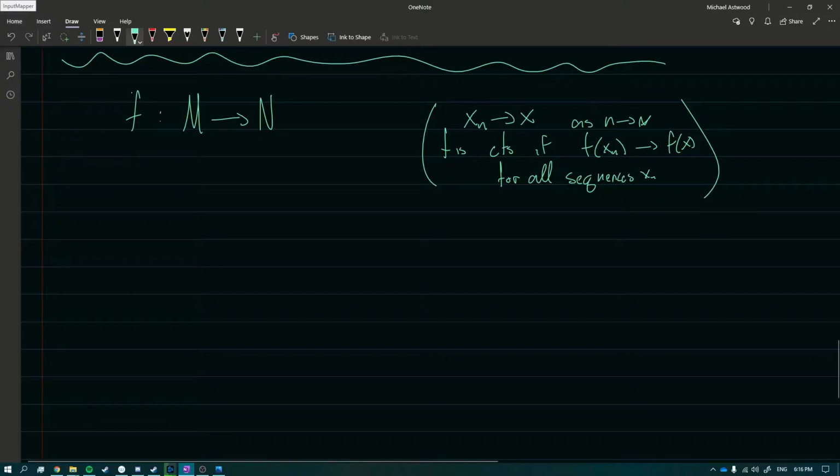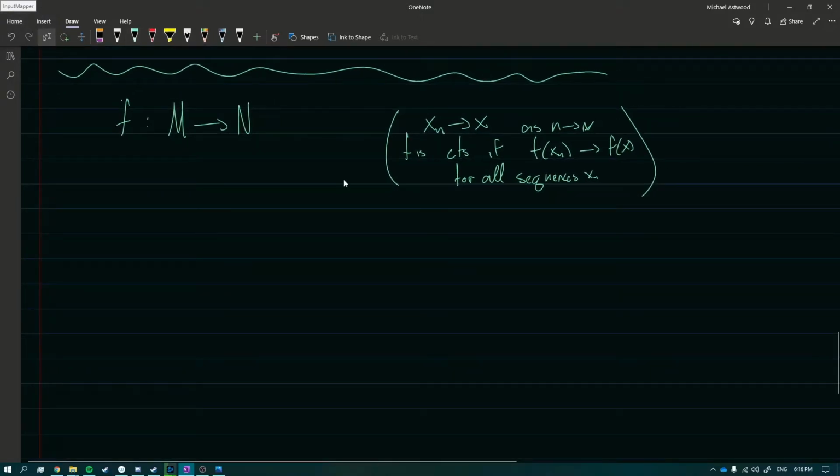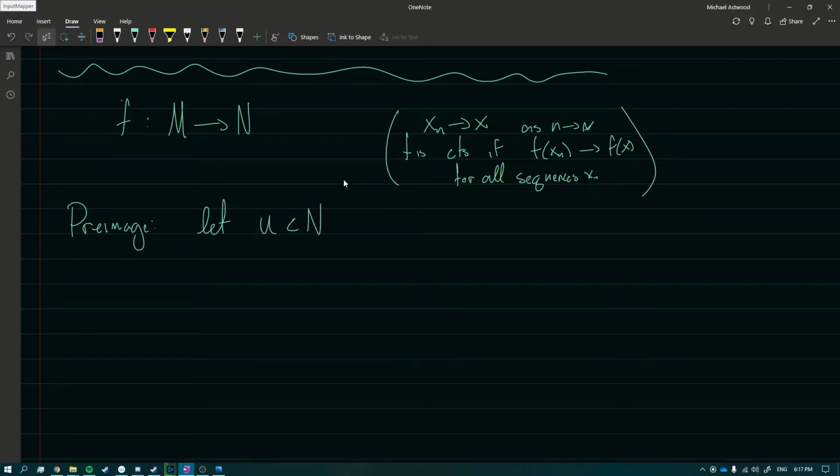And we're going to take a look at continuity on a general topological space. So first I need to define something called the preimage. Let U be a subset of N, then F inverse of U is defined to be the following set.